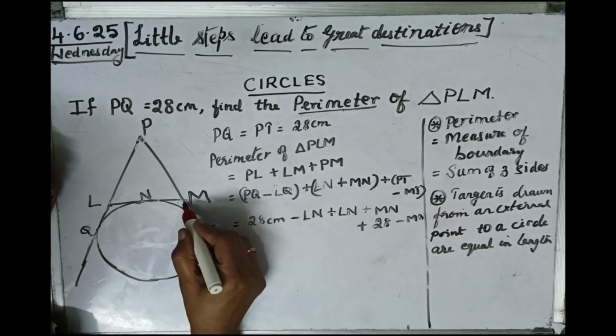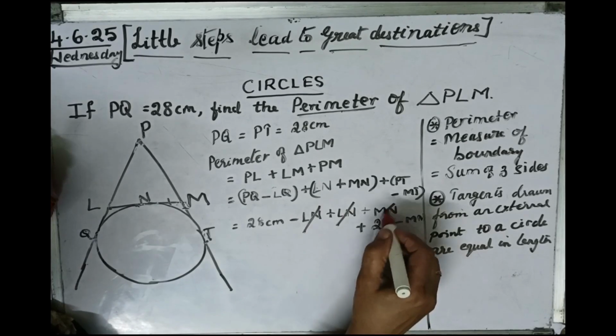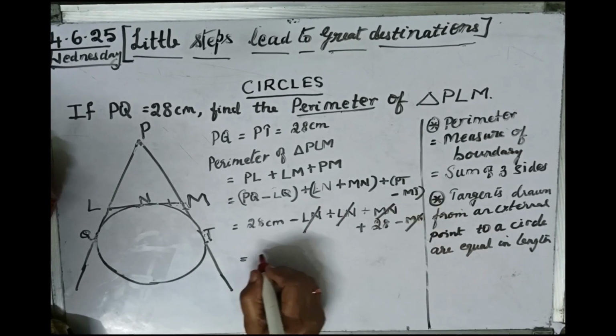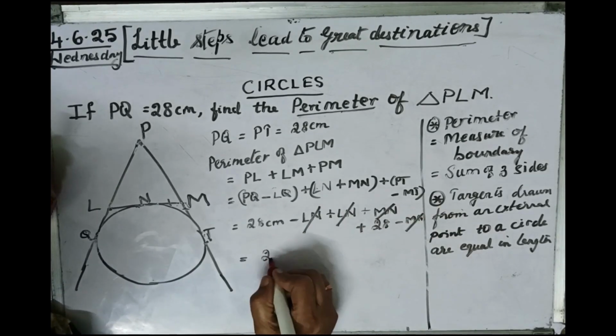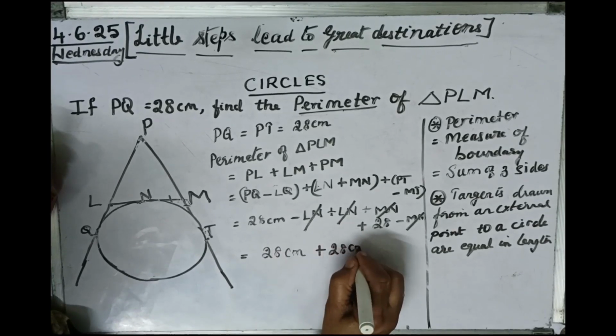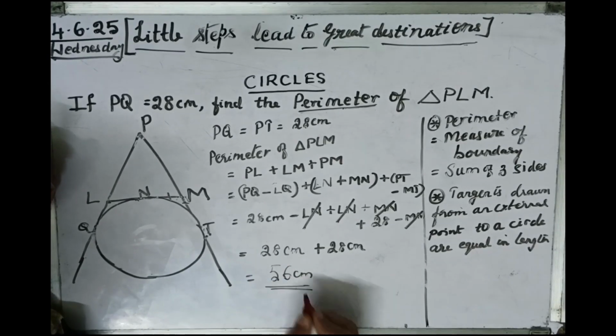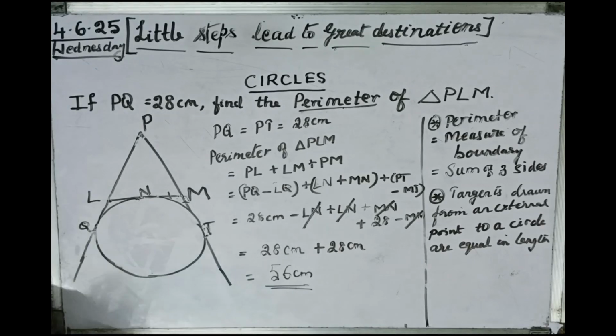As I told, MN length and MT length are equal. Now LN plus MN minus LN minus MN gets cancelled. So what is left out? Only the numericals. 28 centimeter plus 28 centimeter, which is going to be 56 centimeter. So the perimeter of the triangle PLM is 56 centimeter.